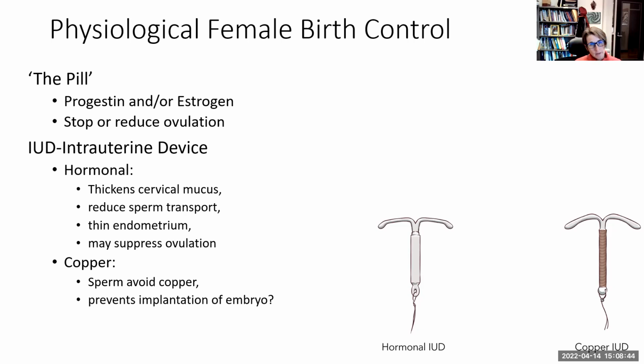The copper seems to work because sperm don't like copper. So it inhibits their ability to swim, or if they can swim, they avoid the copper, so they don't swim in the right direction. And that also seems to change the uterus in a way that it can't support an embryo. And so it prevents implantation in the event that ovulation and fertilization do happen.